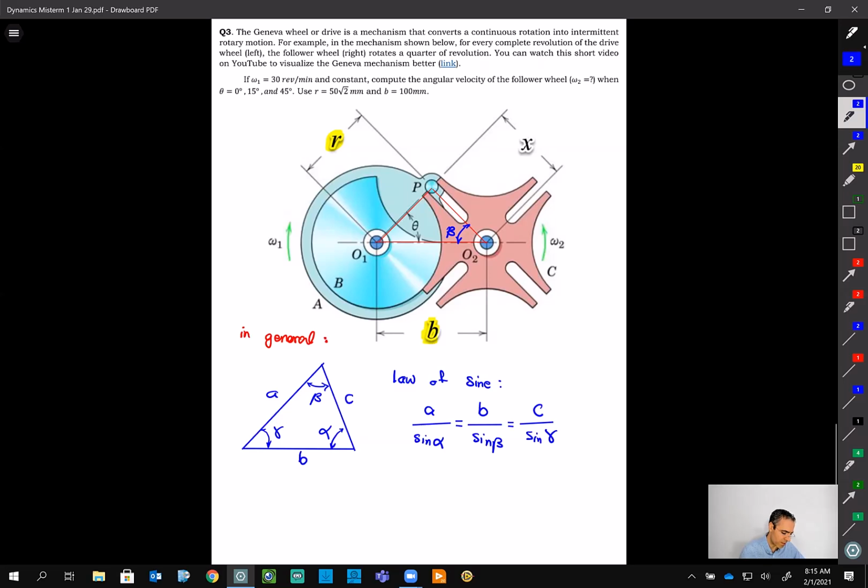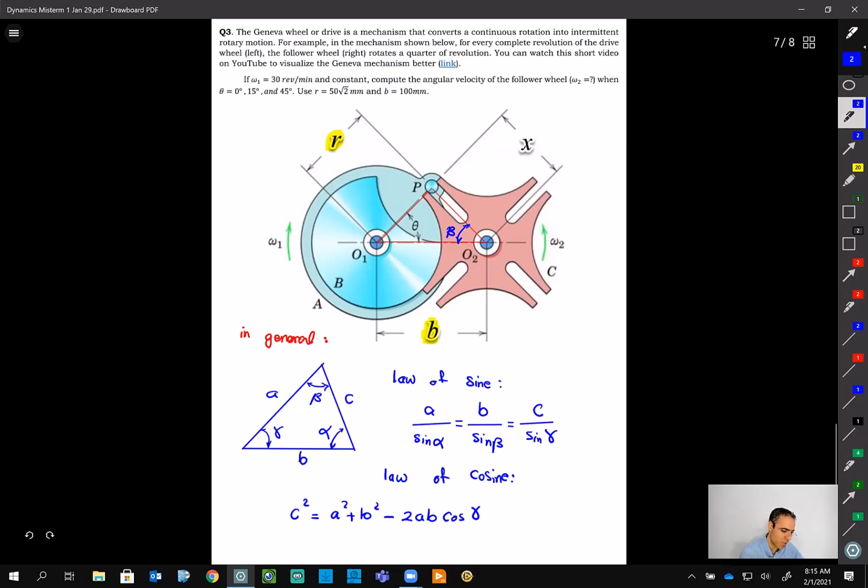And we have another law, which is called the law of cosines, which is something that maybe you are more familiar with. Let's say for side C, I can write C squared is equal to A squared plus B squared minus 2AB cosine gamma. Please pay attention: the angle in front of C is gamma, so it is cosine gamma.